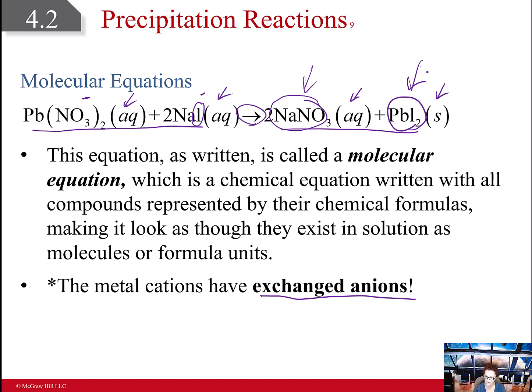Since there's two nitrates, and nitrate's always a -1, lead is a +2. So it's also going to be a +2 over here, okay? And so you'll have to have two iodides in the formula, whereas you only had one with sodium iodide because sodium is only a +1. So you just got to watch that when you're making the products.